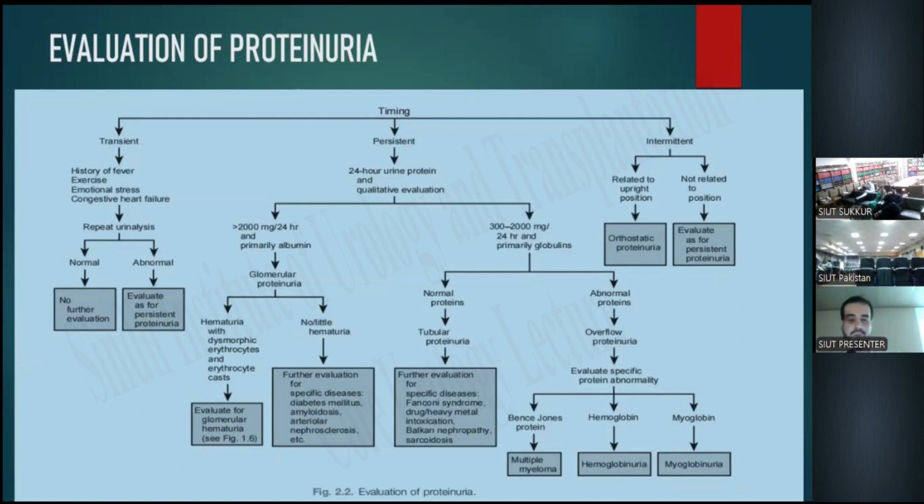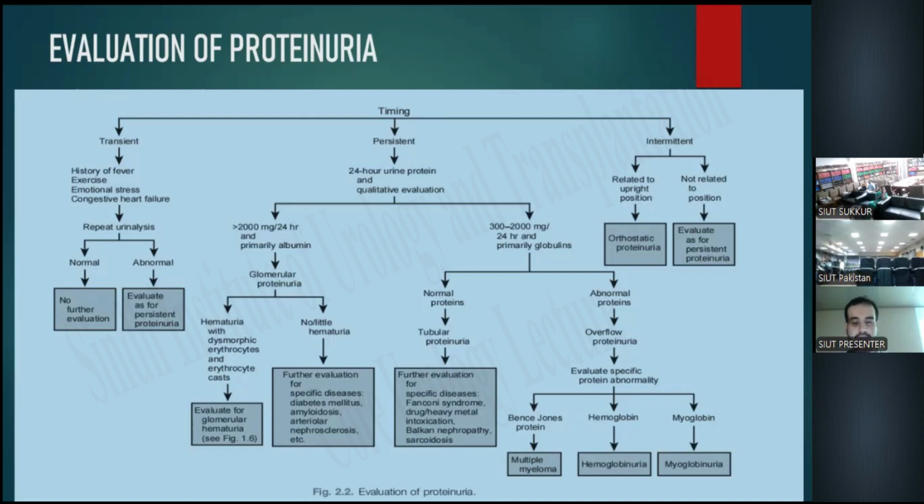If it's abnormal, consider it as persistent proteinuria and start evaluating for it. In persistent proteinuria, you do a 24-hour urine protein and qualitative evaluation. If it's more than 2000 milligram per 24 hours and primarily albumin, you are suspecting glomerular proteinuria. It is associated with hematuria, with dysmorphic erythrocytes and erythrocyte casts, so evaluate for glomerular hematuria.